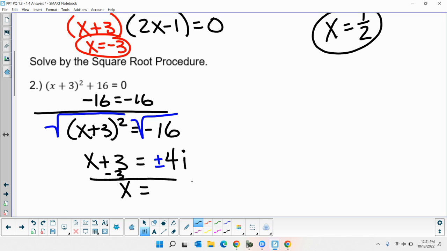Well, some people are saying this is 1i. Is that right? No. Are they like terms? No. So we just write negative 3 plus or minus 4i. But I do get kids sometimes that think you can subtract the 3 from the 4i. They're not like terms. So just write it out. Okay? Questions? Aiden, you with me? Okay.